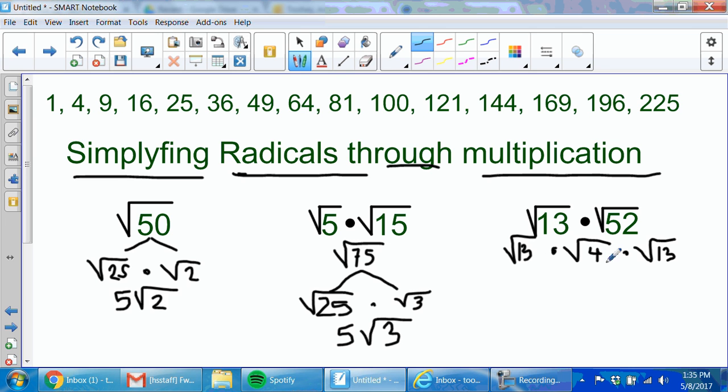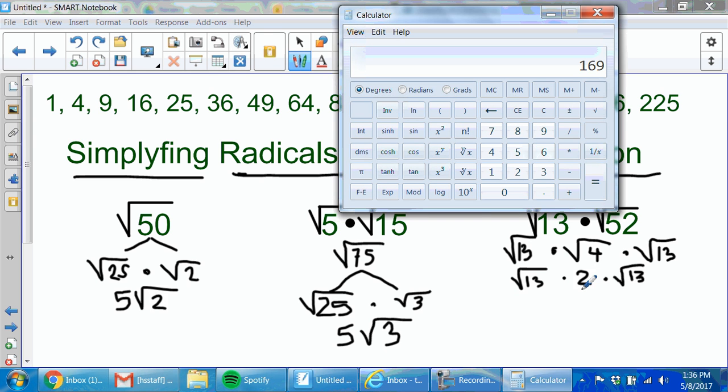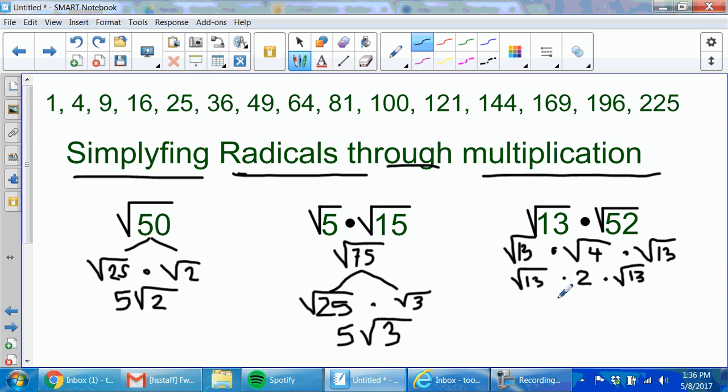Now the square root of 13 can't do anything, but the square root of 4 turns into just 2. So I'm going to keep this as the square root of 13 and keep the other one as the square root of 13. Now to simplify this, I can just multiply the two square roots of 13 together. I can do 13 times 13. That gets me 169. That number should start ringing a bell.